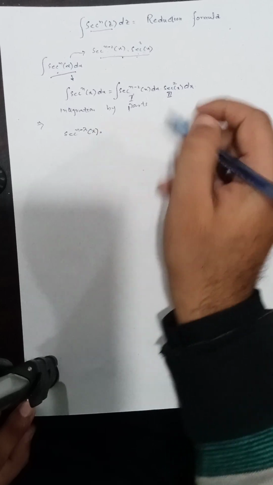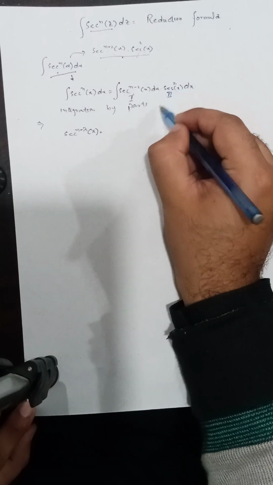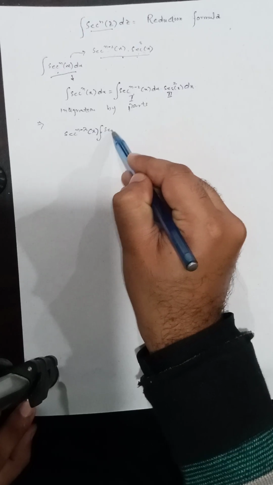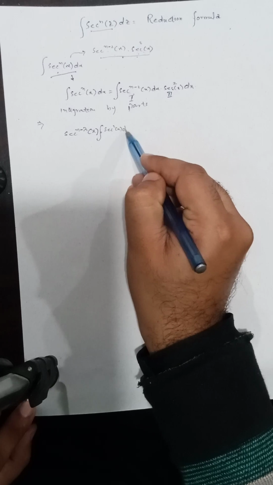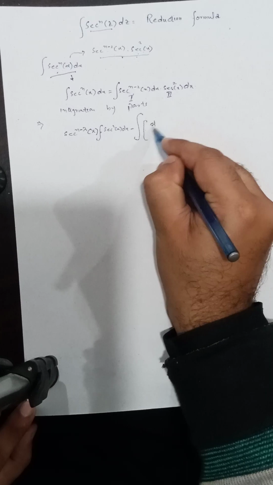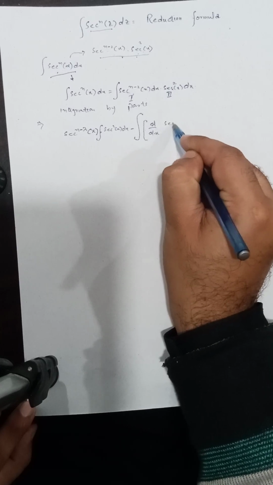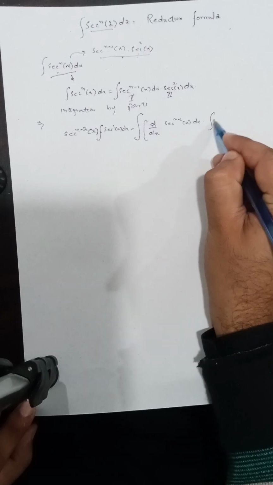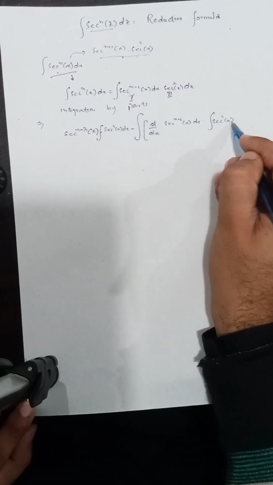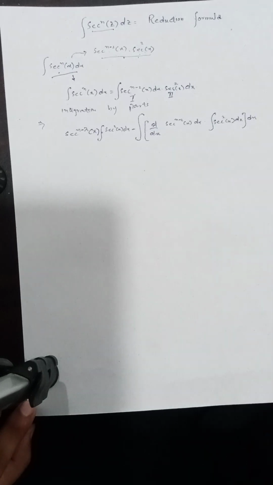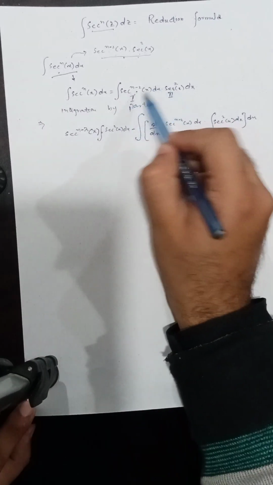First function times the integral of the second function, the integral of secant square of x with respect to x, minus the whole integral of the derivative of the first function, which is secant n minus 2 of x dx, and the integral of the second function, which is secant square of x. This is the integration by parts formula that I have applied on these two functions.